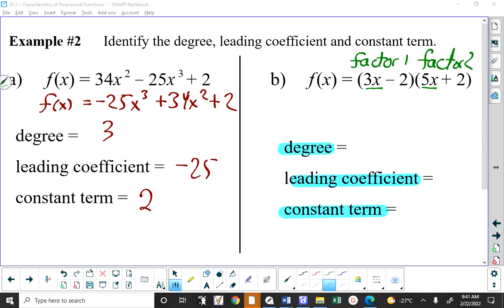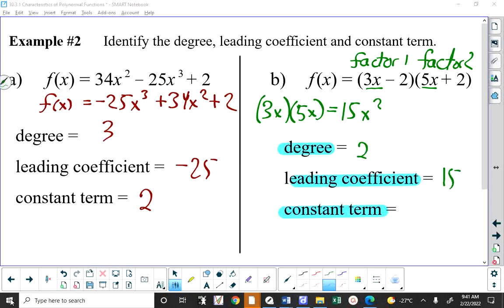When I take 3x times 5x, and get 15x squared, just think about this for a second. I've multiplied the highest degree term in one factor by the highest degree term in the other. That has to give me the highest degree term in the product, which means the degree is 2, the leading coefficient is 15.